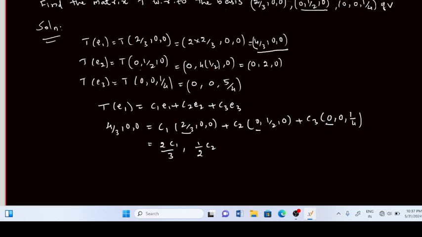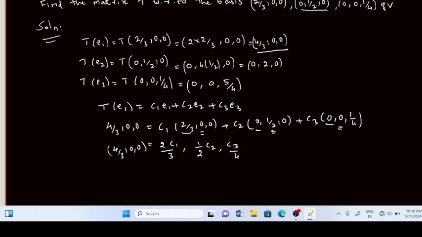We get 2C1/3. Adding the y elements, we get only C2/2, and C3/4 for the last one. Now we equate these values. These are the diagonal elements, that is, we have only x coordinates here.